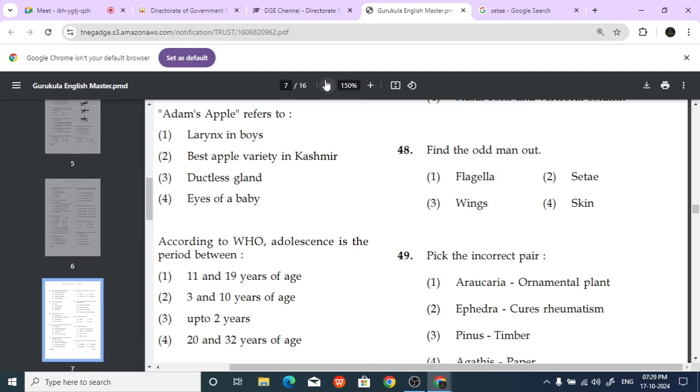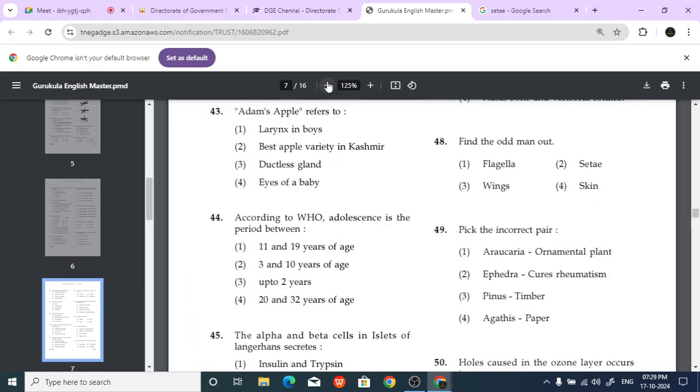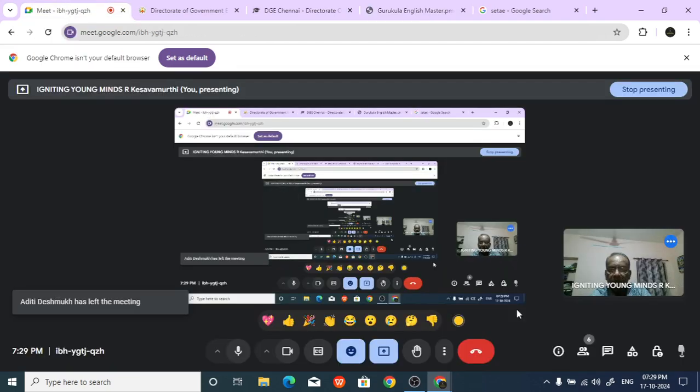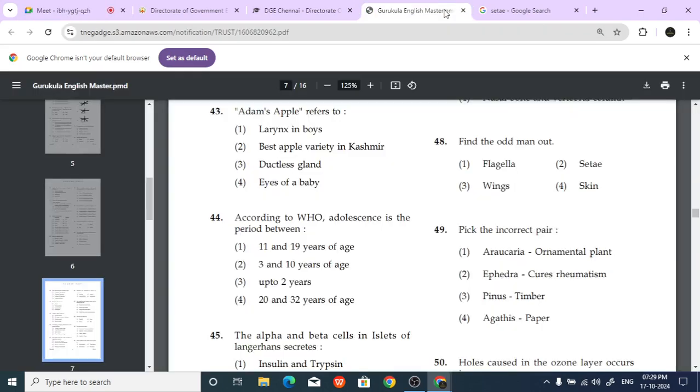Pick the incorrect pair. Araucaria is ornamental plant. Epidera, Pinus timber, Augustus paper. I don't know.